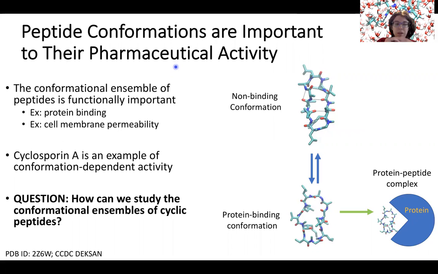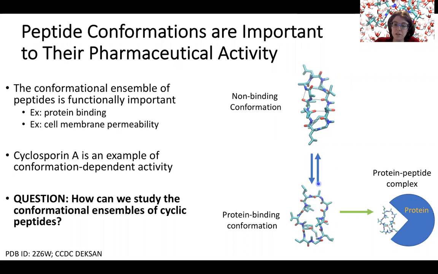As an example, I have cyclosporin A, the cyclic peptide drug, to the right. Cyclosporin A in water has several different conformations, some of which are non-active. As an example, I have this one here, and one protein binding active conformation that is able to bind to the protein target of interest and have pharmaceutical activity.